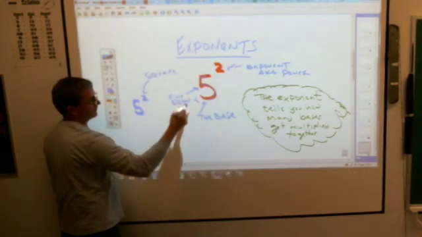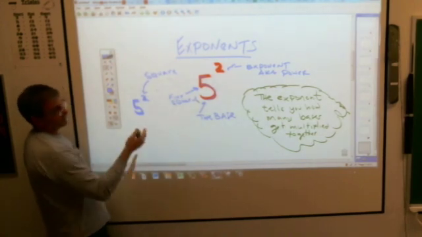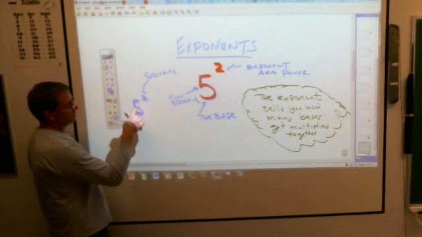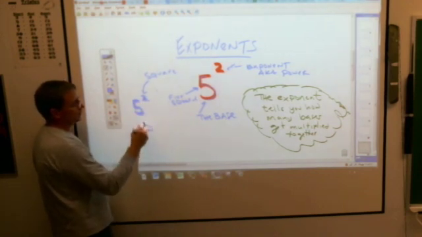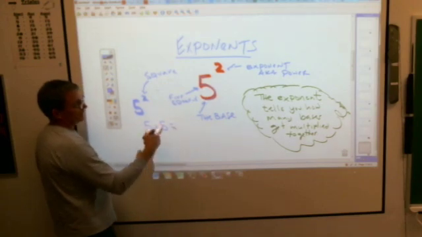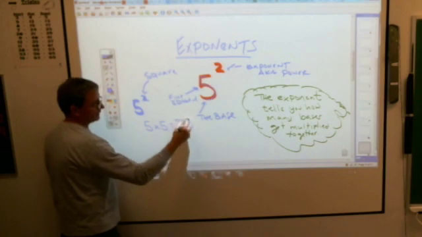And it probably refers back to finding the area of a square. Because when you find the area, now please understand this. This 2 tells you that you have 2 of those 5 multiplied together. And 5 times 5 is not 10, it is 25.